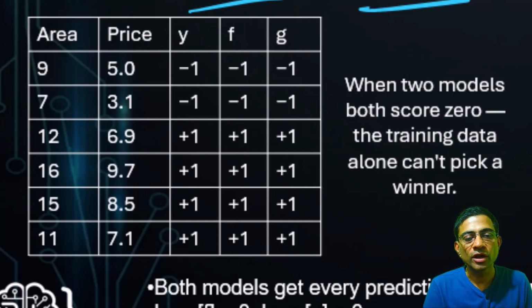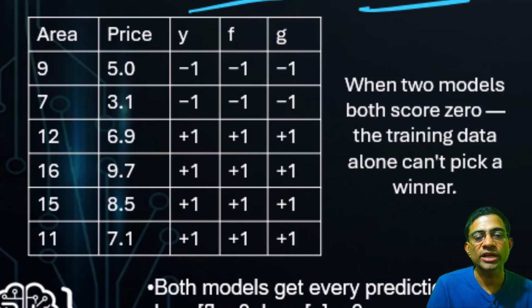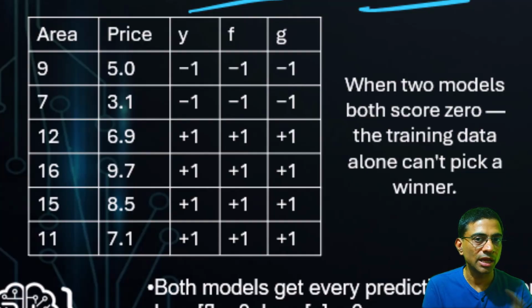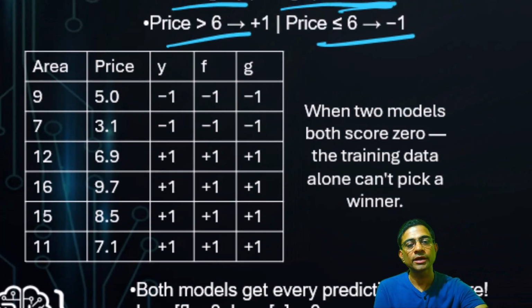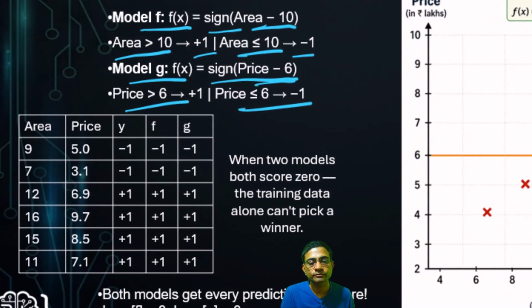And now we are going to check with our data what we got in the last slide. I have just replicated the data here so that you can visualize it. So area is 9. Here if we put F, the price was 5 and the actual label was minus 1. That means it had less than 3 bedrooms. Now if you see, the first model says area greater than 10 is plus 1. So it is 9, so we are going to have minus 1, right?